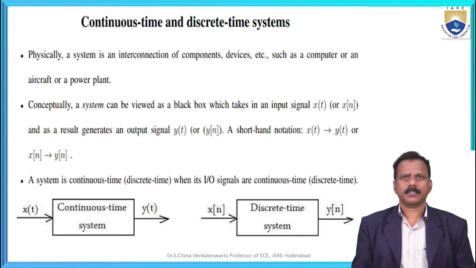Physically, a system is an interconnection of components or devices, such as a computer, an aircraft, or maybe a power plant.